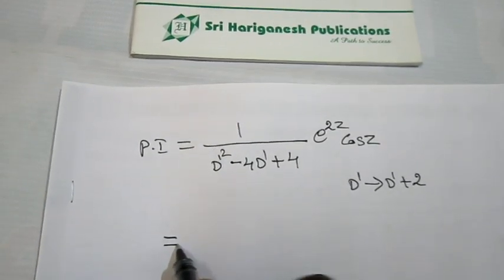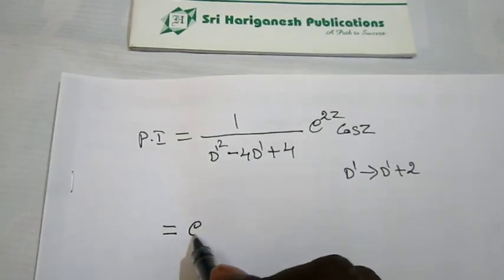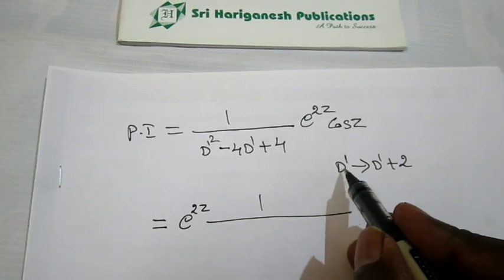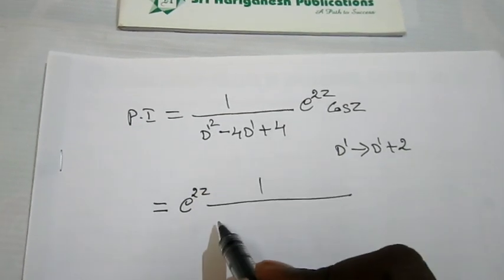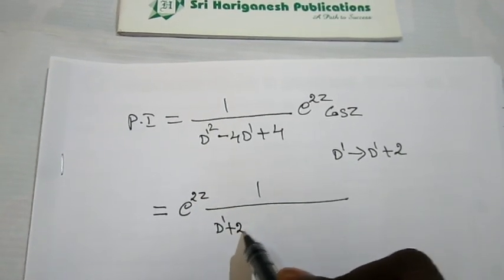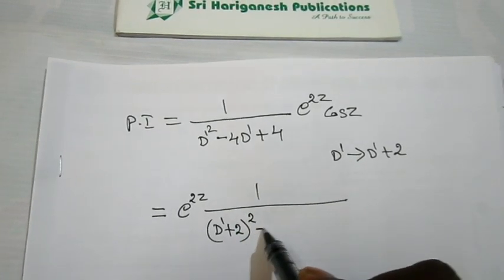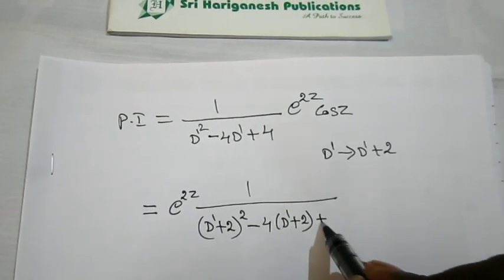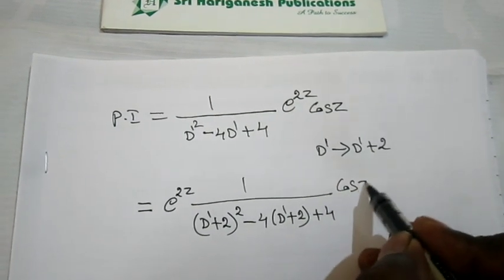After replacing, keep e^(2z) outside: e^(2z) times 1/((D' + 2)² − 4(D' + 2) + 4) into cos z.